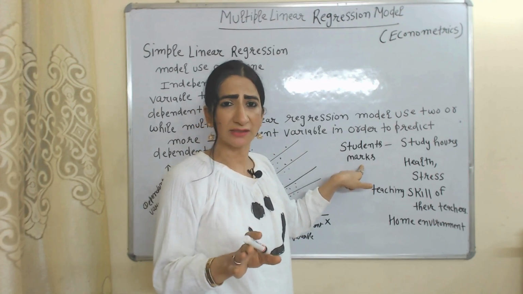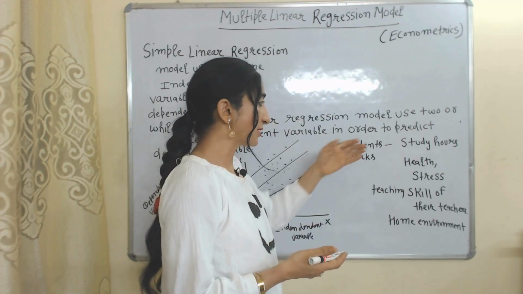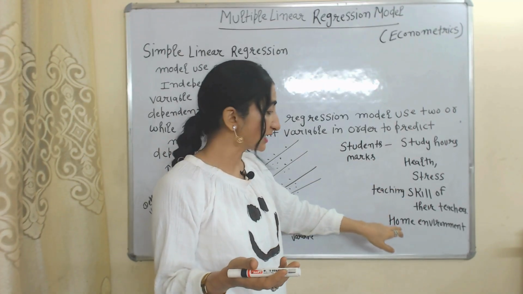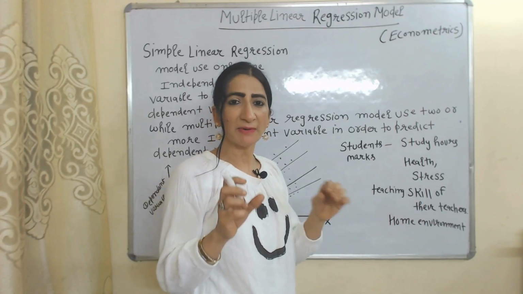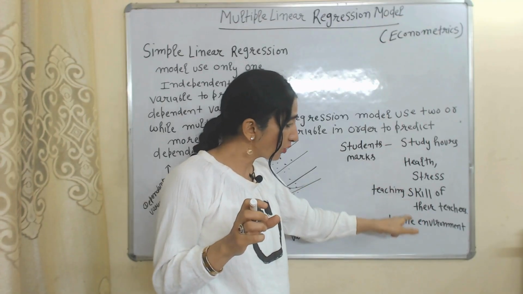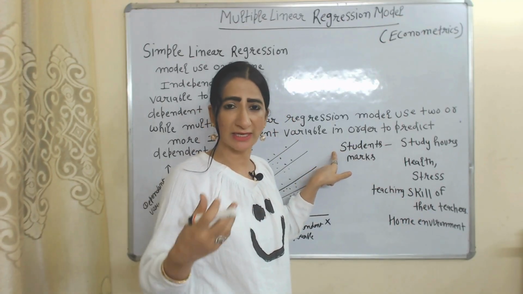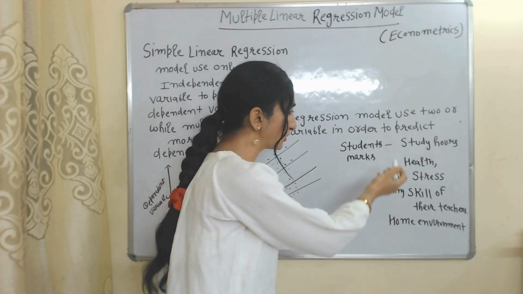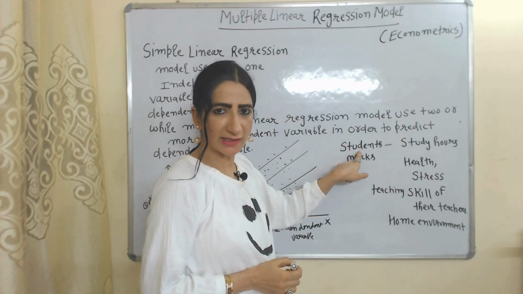But student marks are not only influenced by study hours, they are also influenced by their health, their stress level, the teaching skill of their teacher, even their home environment. A multiple linear regression model considers all these factors while predicting student marks, or we can say it uses all these independent variables in order to predict this dependent variable.